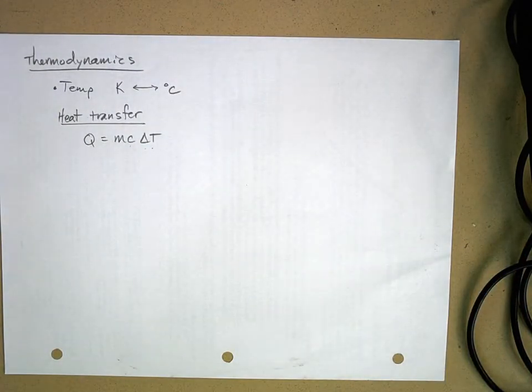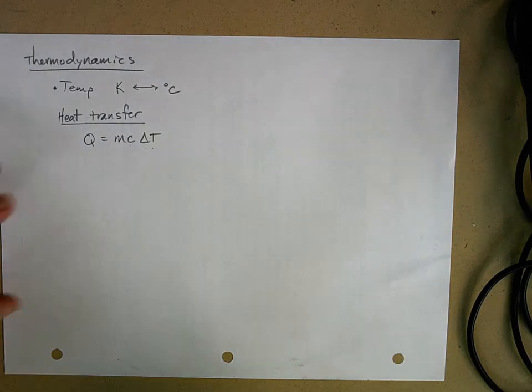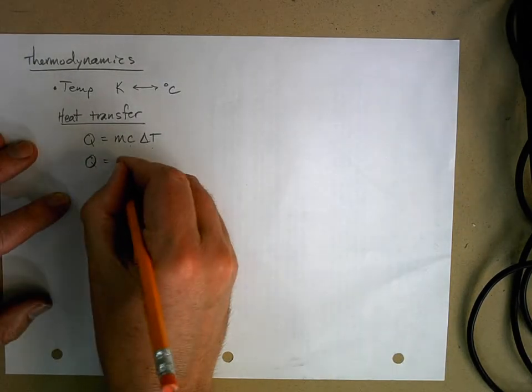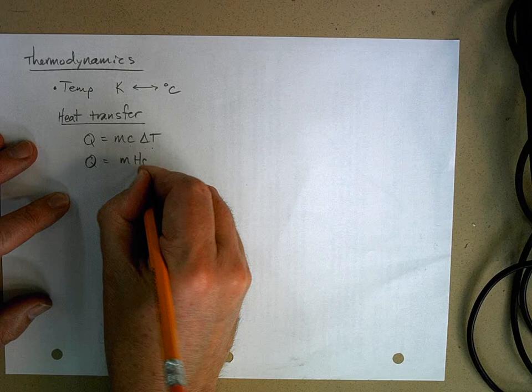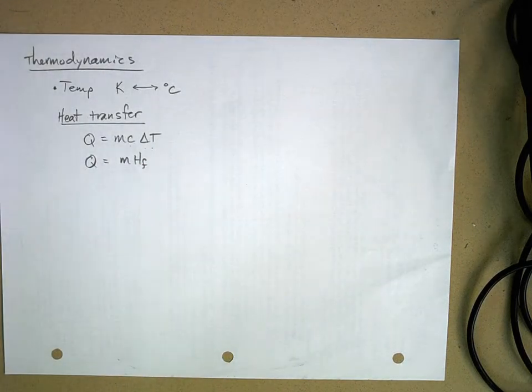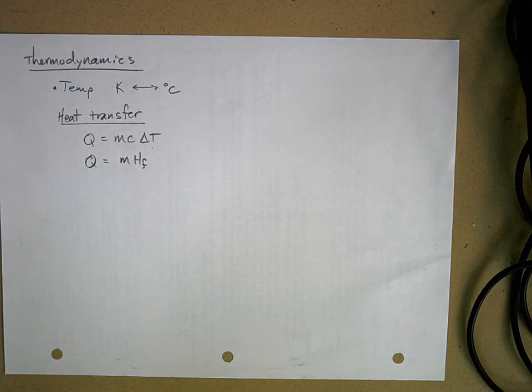Or if you have a phase change, we had heat is equal to mass times the heat of fusion. Heat of fusion is the energy absorbed when you melt a certain mass of material, or the heat that you have to extract, or the heat given off by a material if you're going to freeze it. Remember, freezing and melting are just opposite processes.